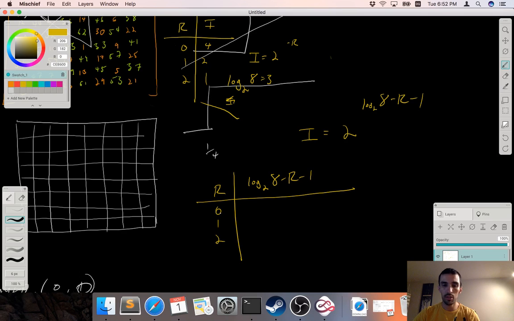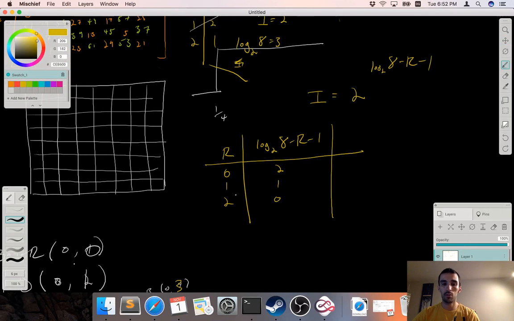When r is 0, then we have log base 2 of 8 is 3, minus 0, minus 1, is 2. Now when r is 1, then we have 3 minus 1 minus 1 is 1. And then when r is 2, we have 3 minus 2 minus 1 is 0. So I've just reversed the order of the numbers using this little trick, so that instead of going 0, 1, 2, they go 2, 1, 0.